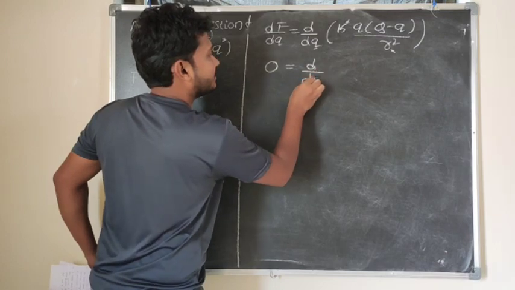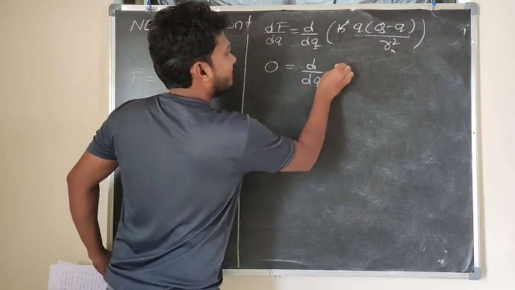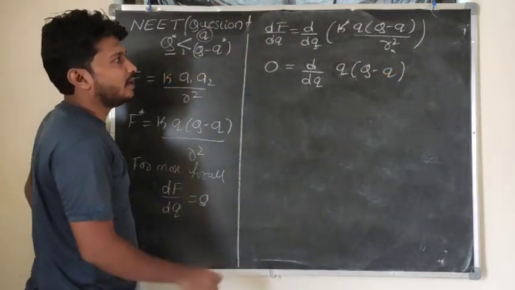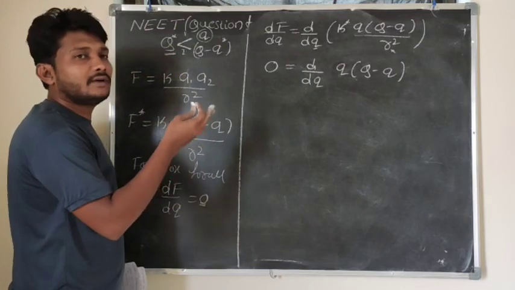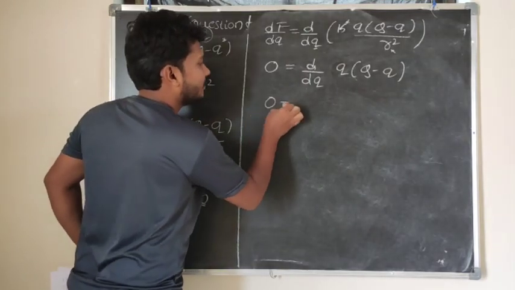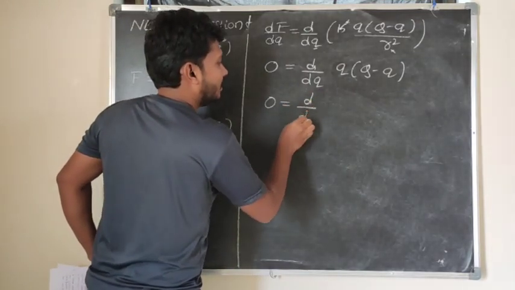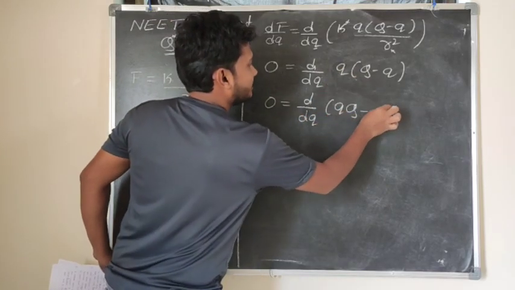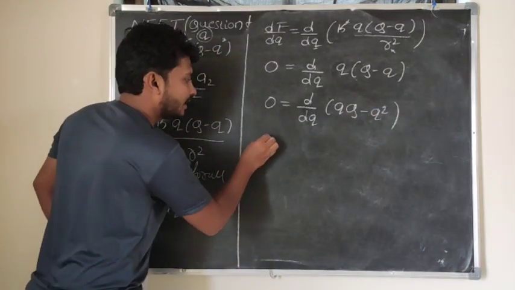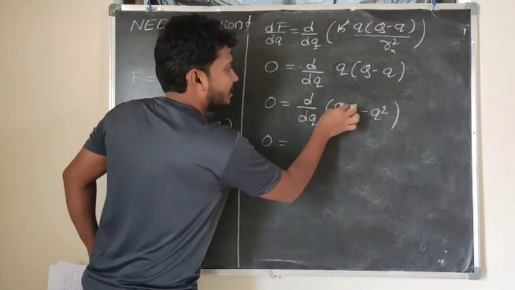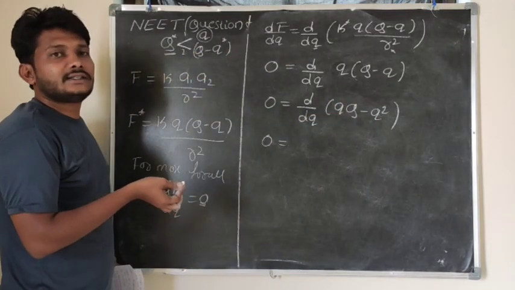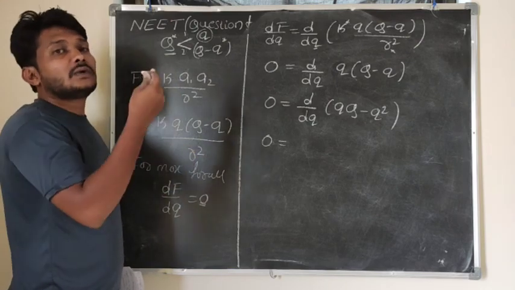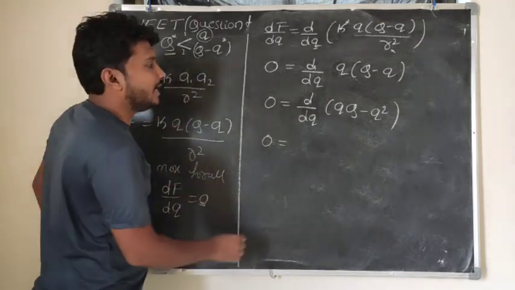So let me rewrite this equation. d by dq of q into (Q minus q). Here k and r are constant terms, and their differentiation is 0. So it is equal to d by dq of (qQ minus q square). Differentiation of qQ is in the uv form: u into dv by dq plus v into du by dq.